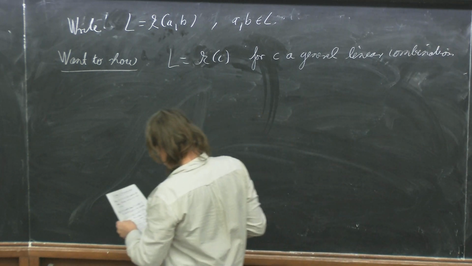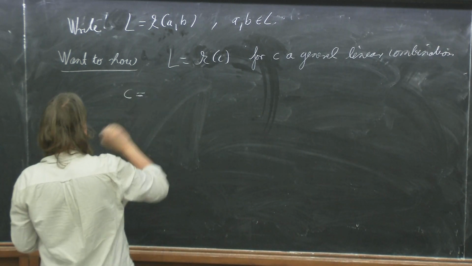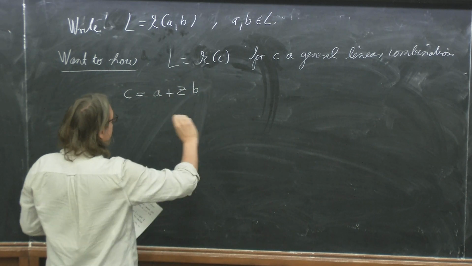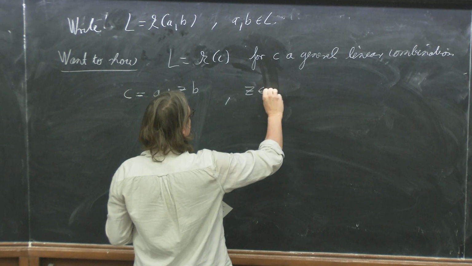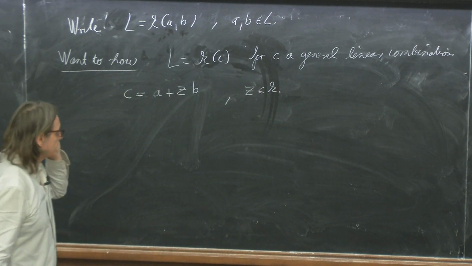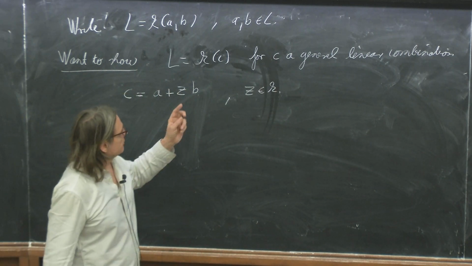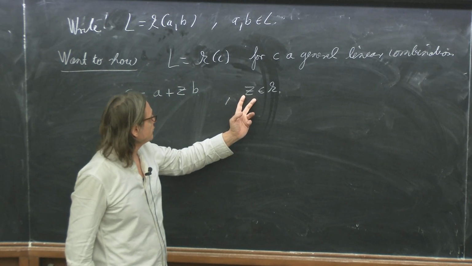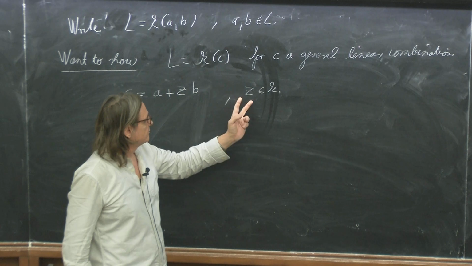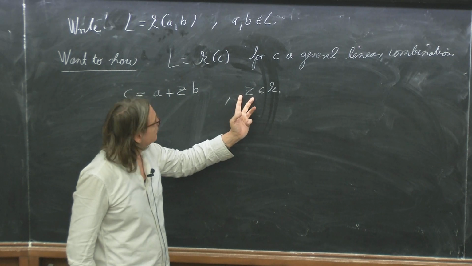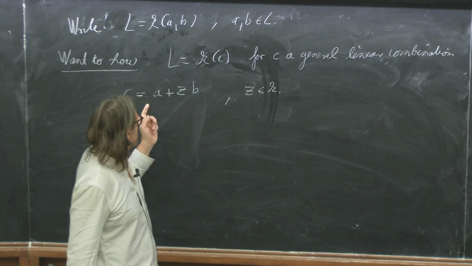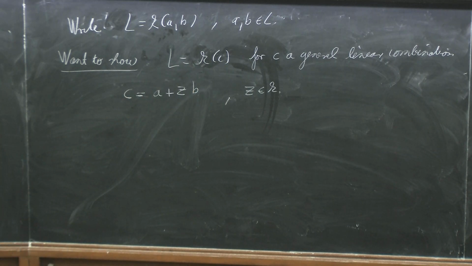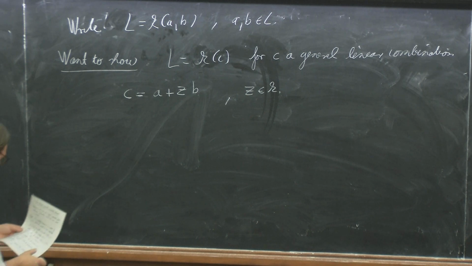Say c is equal to a plus zb. So to say it again, we'll find finitely many choices of z for which this does not give us a generator. But for all other choices, this thing will generate L over K. So L will be equal to K(c).